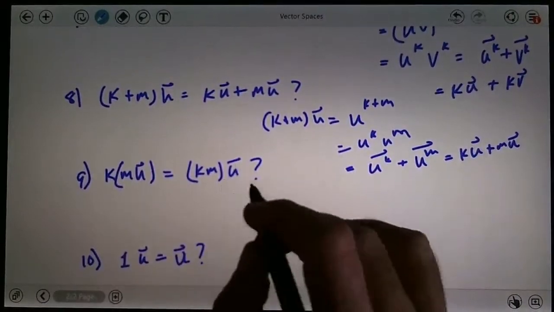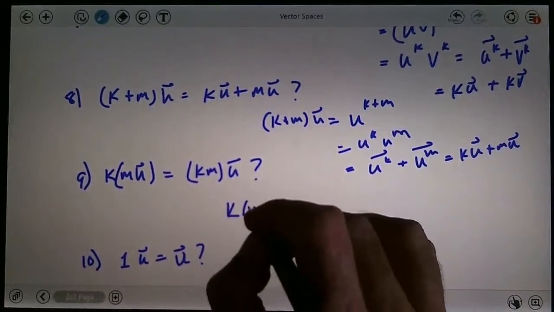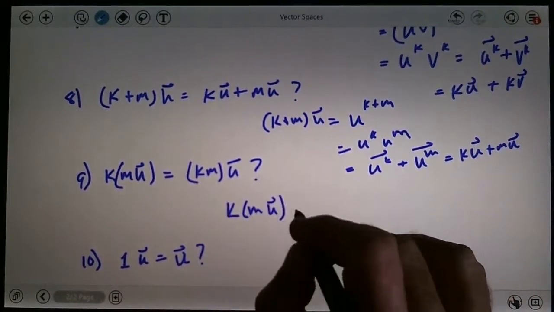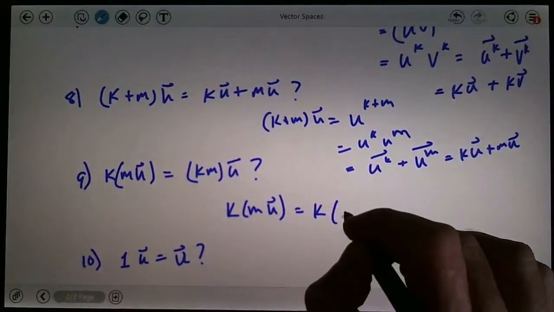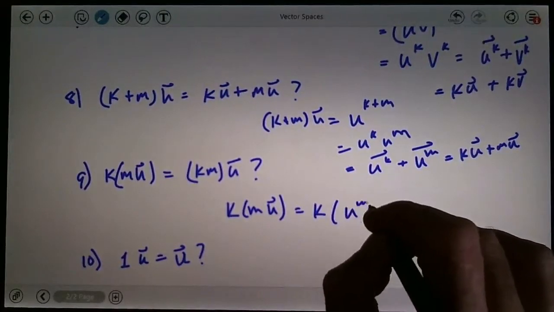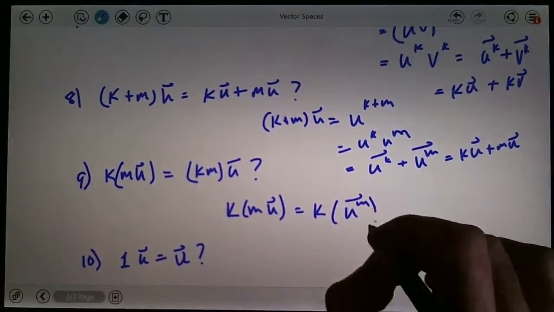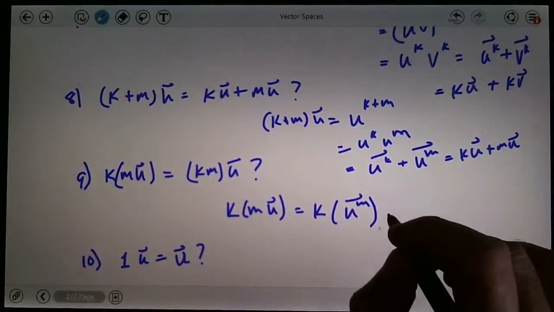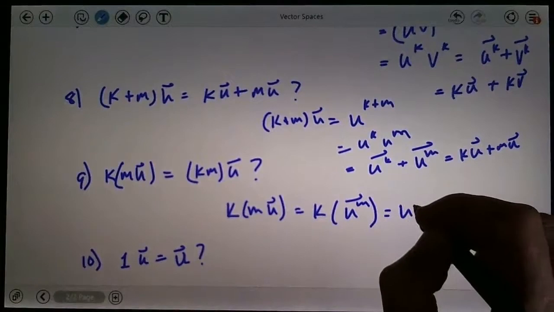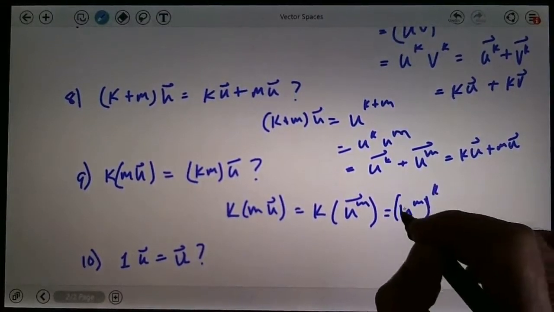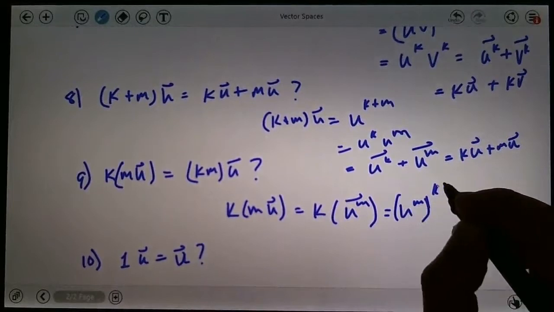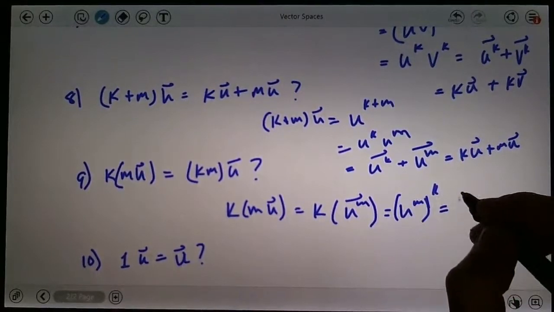How about this one? If I have k times mu, this would be k times the vector corresponding to u to the m, which would be u to the m to the k. And how do you do a power to a power? Well, you multiply the two things together.